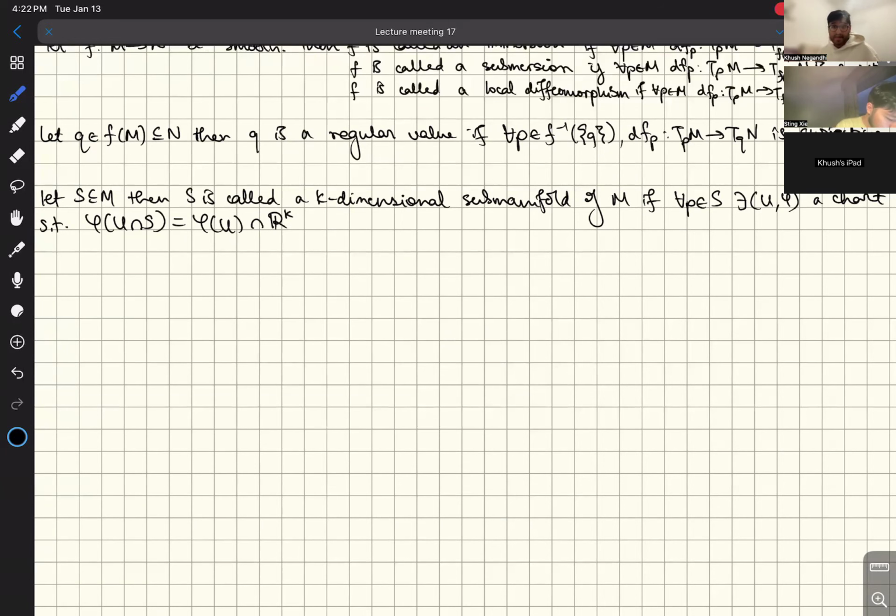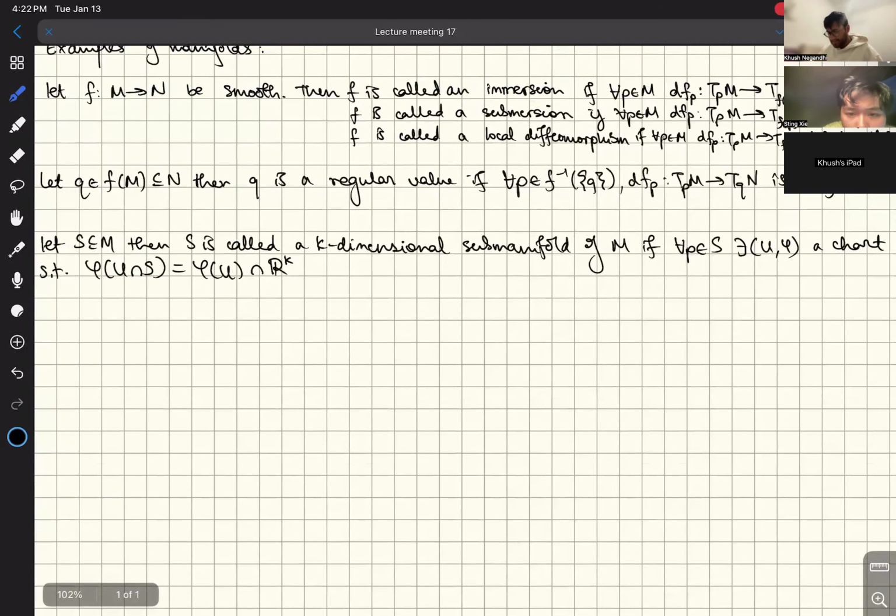One thing you can check now as an exercise, it's not a very hard exercise: you can check that submanifolds are manifolds in their own right. What this means is that you have to find charts for S that are k-dimensional. It's not very hard to prove.